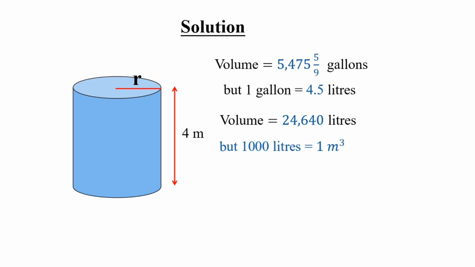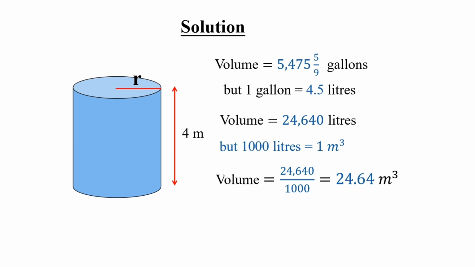So we divide 24,640 by 1,000, and that gives us 24.64 meter cube. So that is the volume.